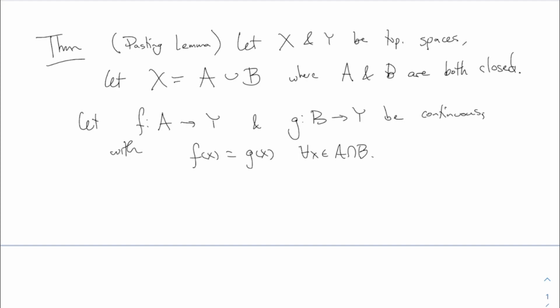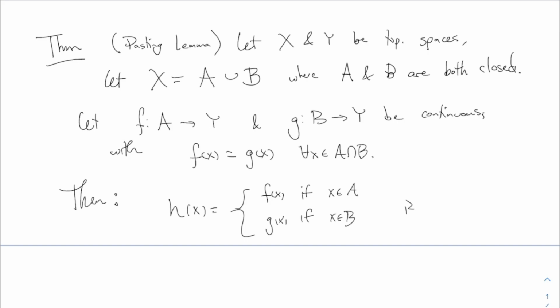That's all the setup. Then the conclusion of the theorem says you can make that pasted together one. So I'm going to say h of x equals, this is the pasted version, f of x if x is in A, g of x if x is in B, is continuous.